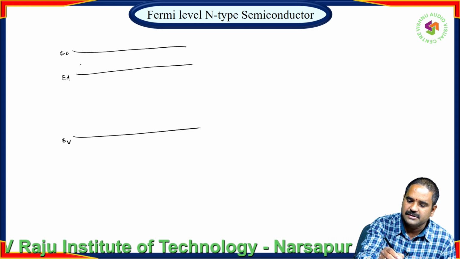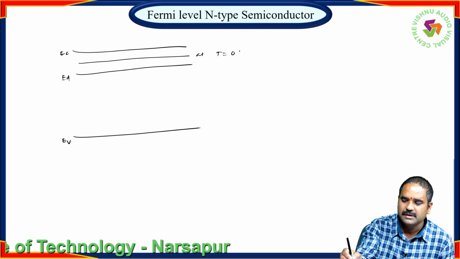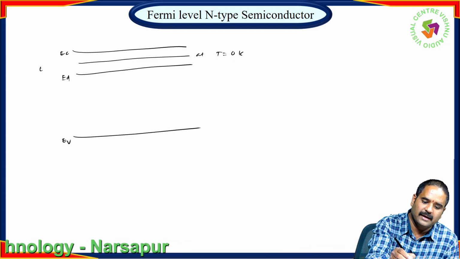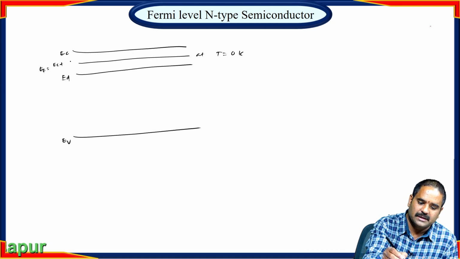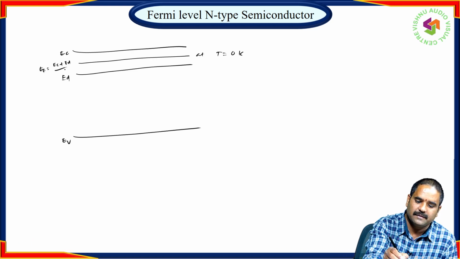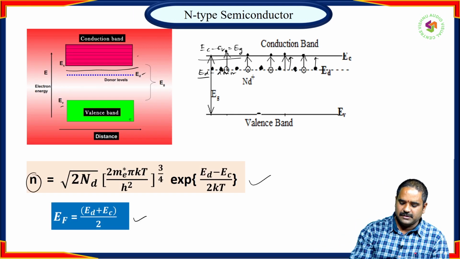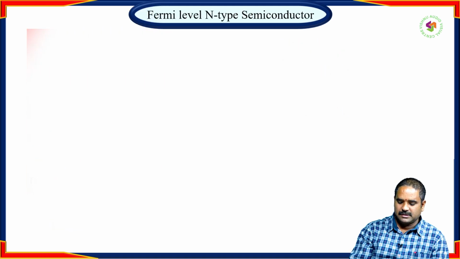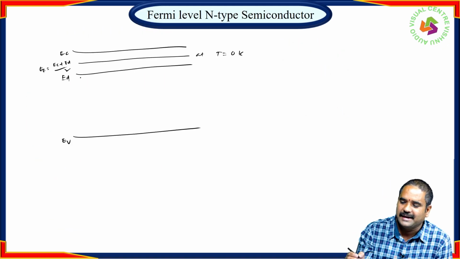At T equals 0 Kelvin, the Fermi level exists at the middle of the conduction band and the donor energy level, as per the last expression, E_F equals (E_D + E_C)/2.